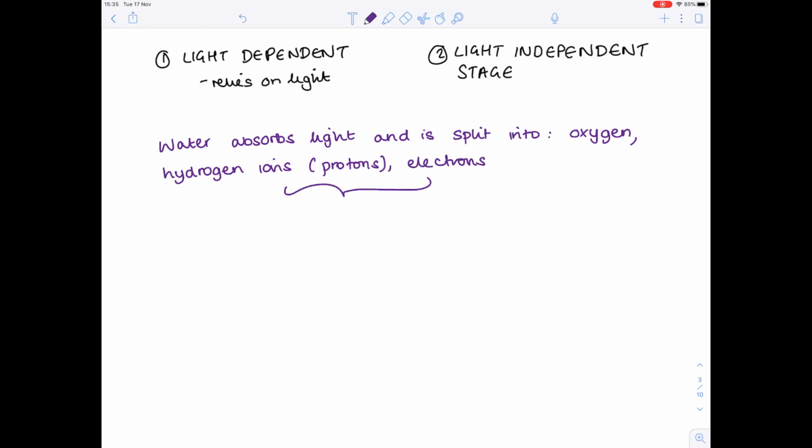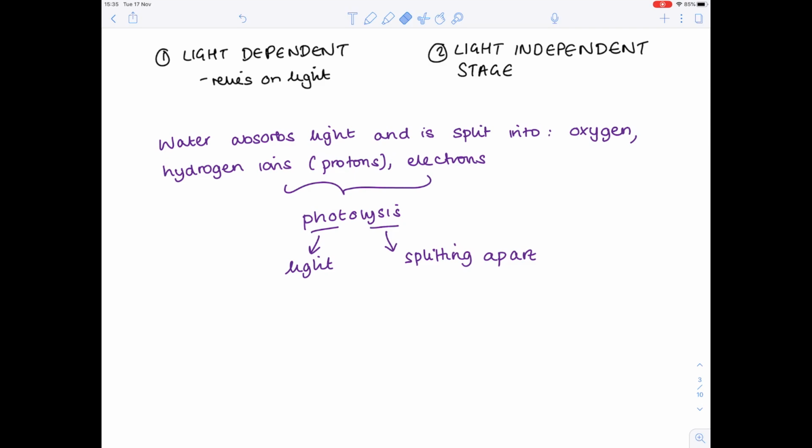And overall, this process is known as photolysis, which makes sense really, because photo means relating to light, and lysis means splitting apart. And so if you have a look again, water is being split using light, and it is split into oxygen, hydrogen ions and electrons.